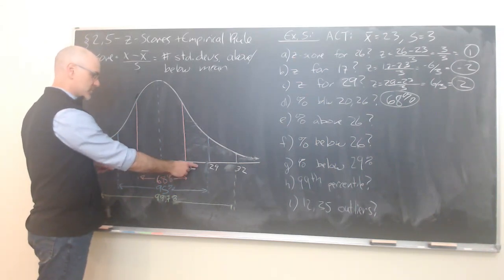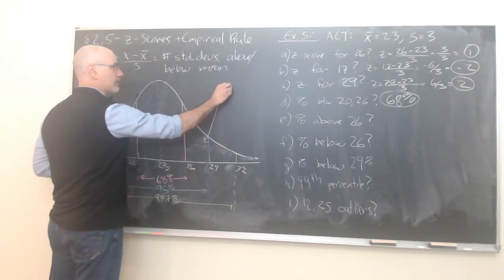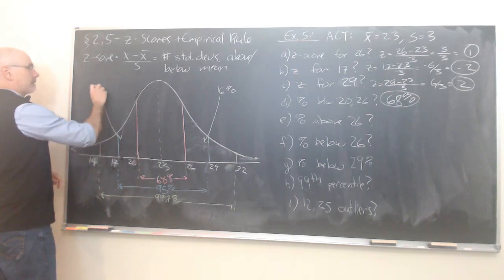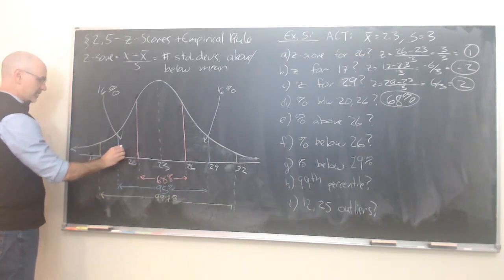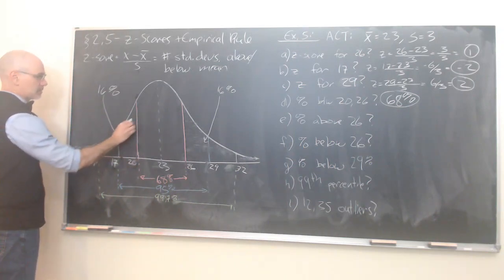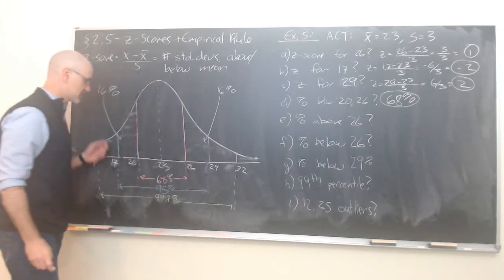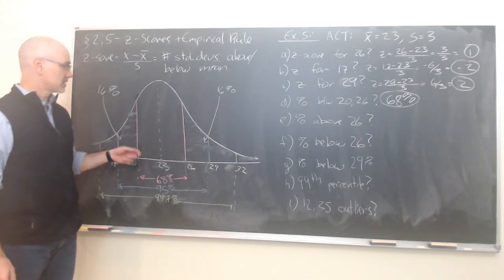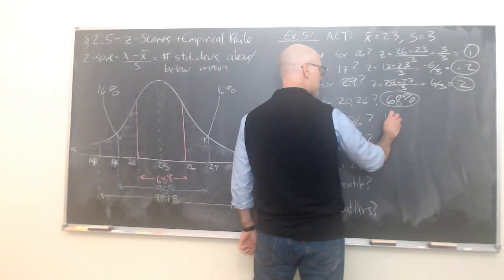But the distribution's symmetric, so that 32% is evenly split between everything to the left of 20 and everything to the right of 26. So it's 16% each, which means the percent above 26 has to be 16%.